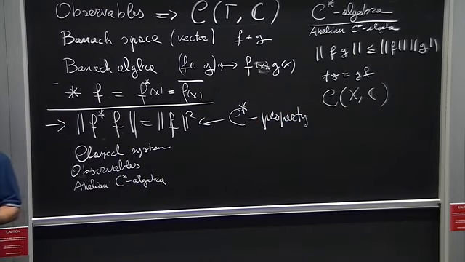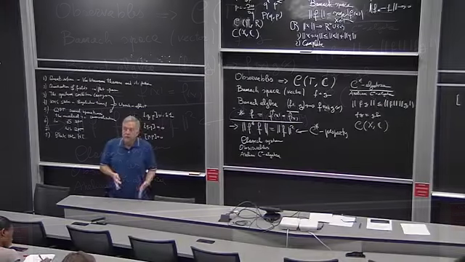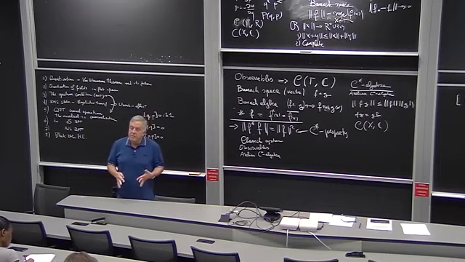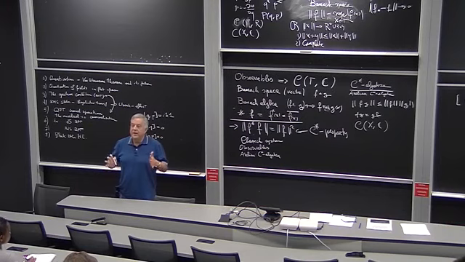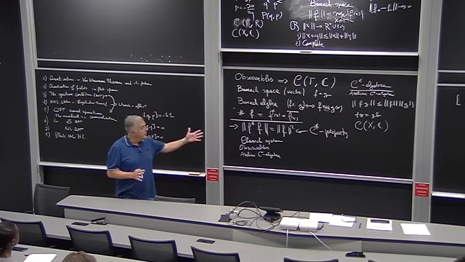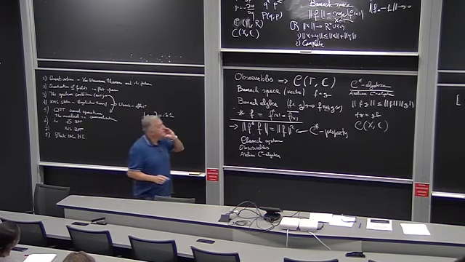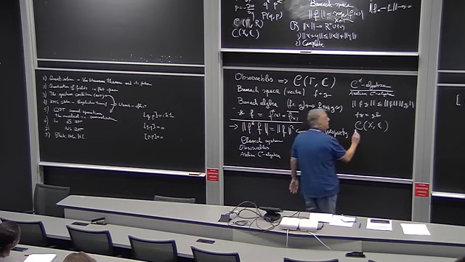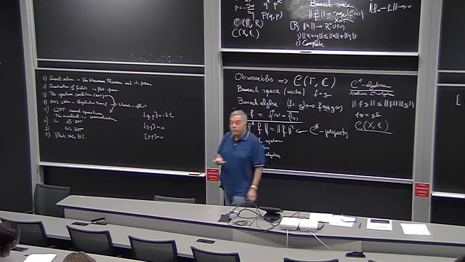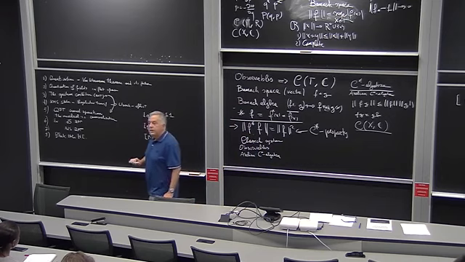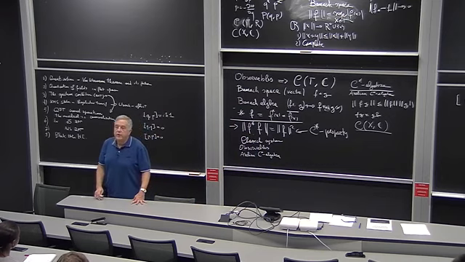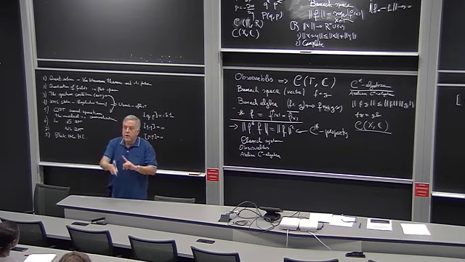I will mention, or even prove, the theorem of Gelfand and Naimark, which tells that every abelian C star algebra is modeled like this. This is a very profound theorem, even if it is simple to prove, that in a way changes the perspective.